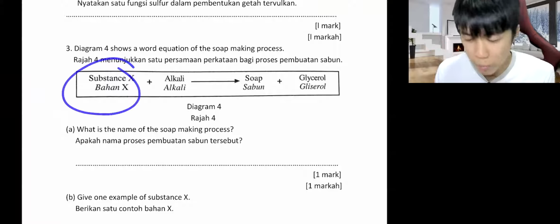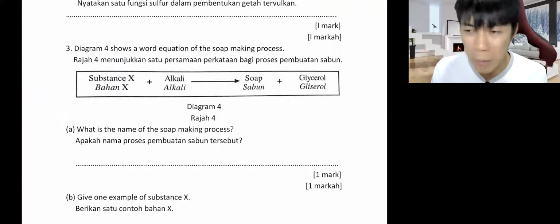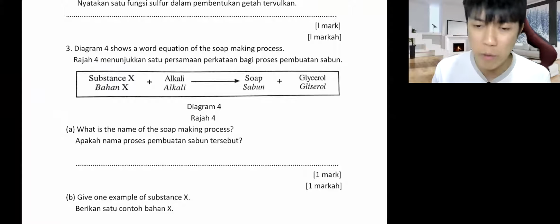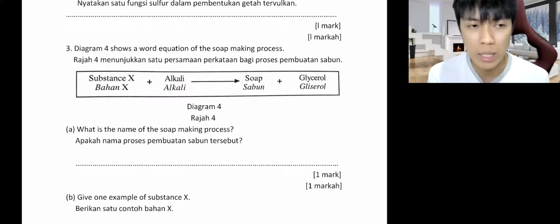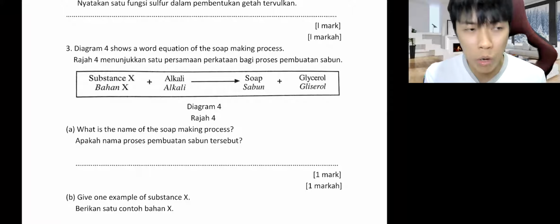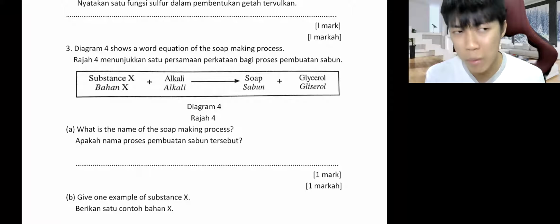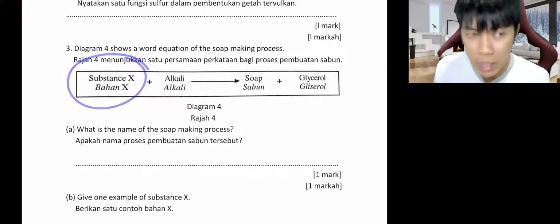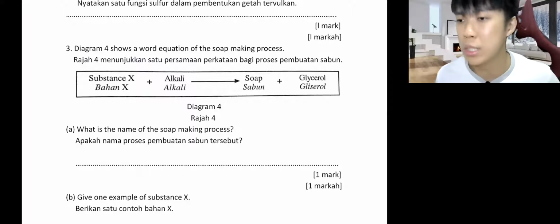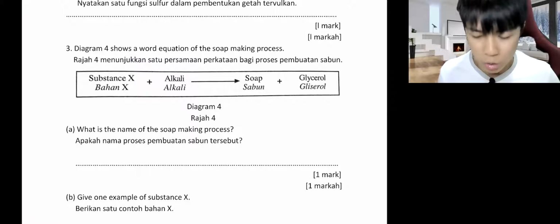Okay, so coming from the background of palm oil, just to remind you, before the soap topic, it's about palm oil. In the palm oil topic, we talk about fats, saturated fats and unsaturated fats, and then we go down to palm oil. After the palm oil process, we bring palm oil to the next topic, which is to produce soap. The next question is asking, what is the ingredient to make soap?